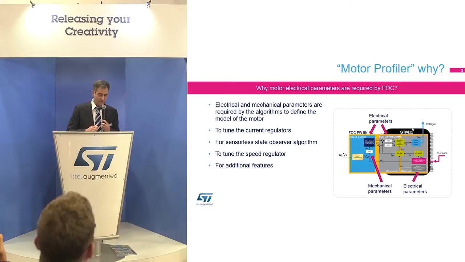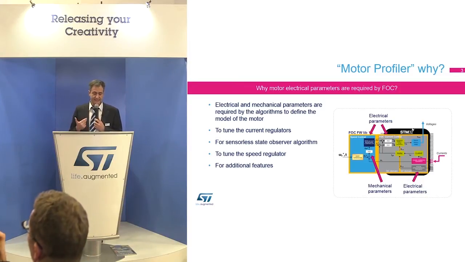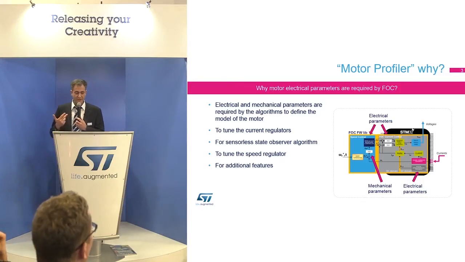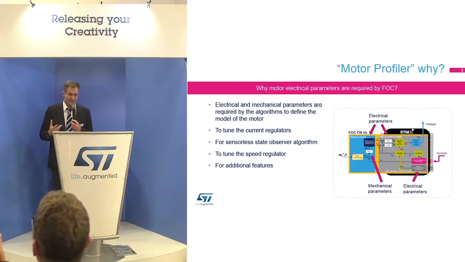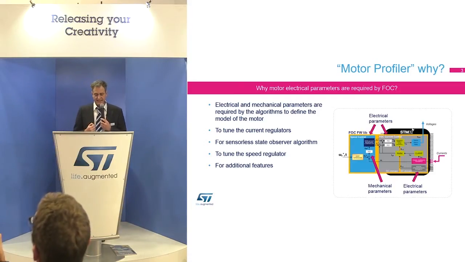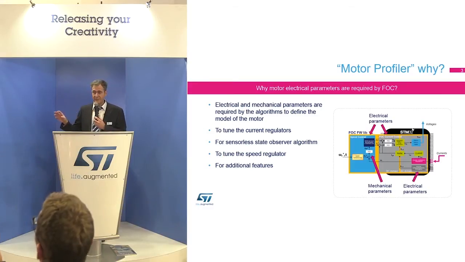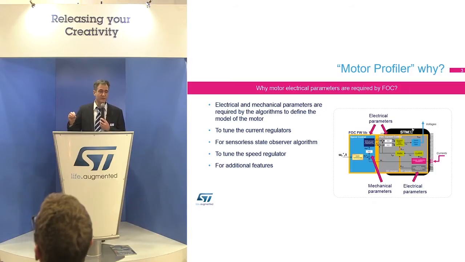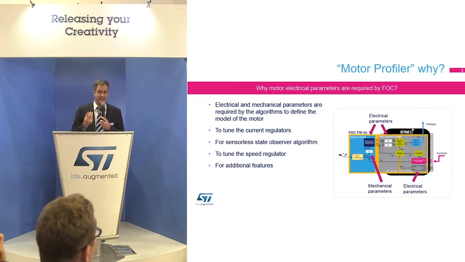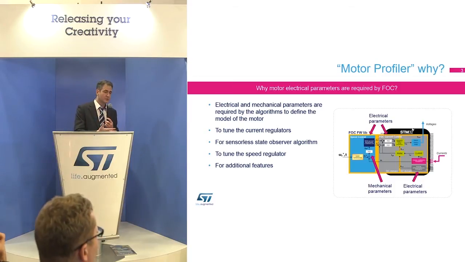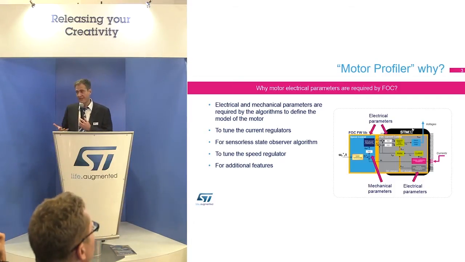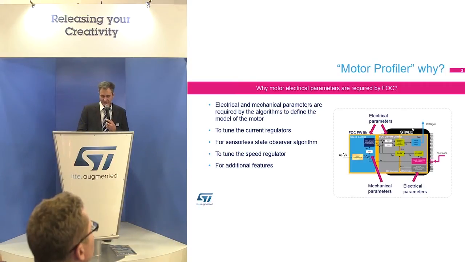Then we also have to know the electrical motor parameters to tune the speed regulator. So all of these parts of the code require the specific measurement of the motor characteristics. So let's say that this information is mandatory to be known by the user before configuring the motor control library as it is. Okay?